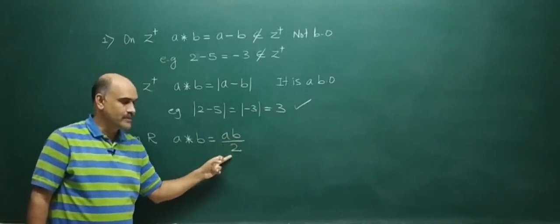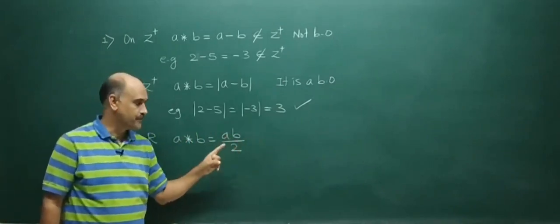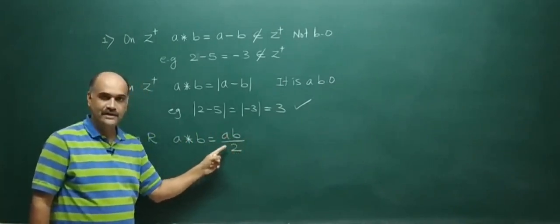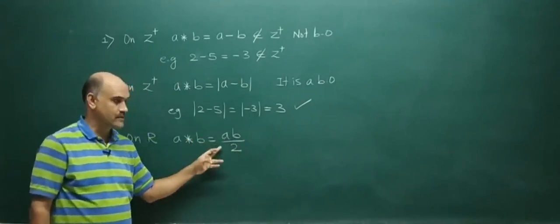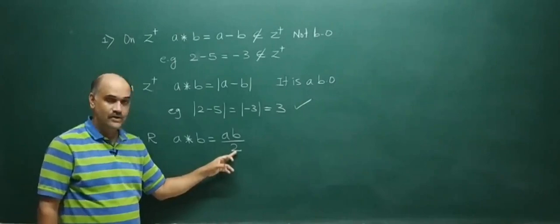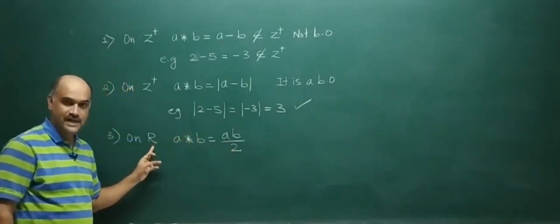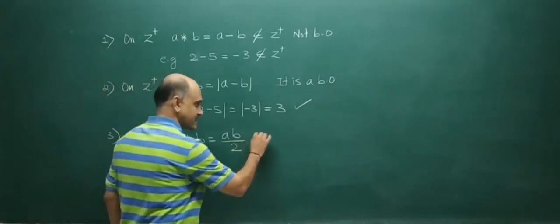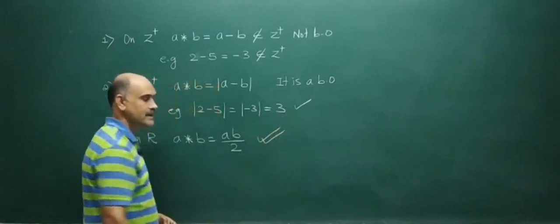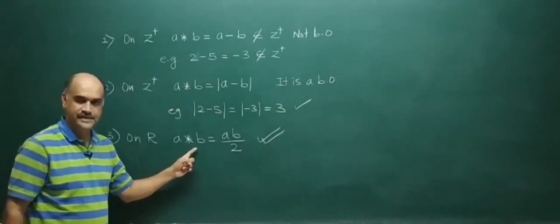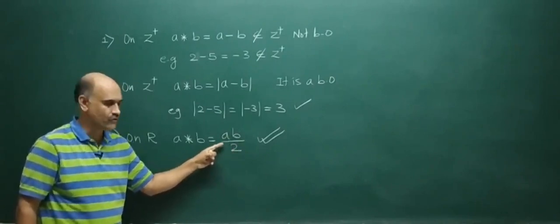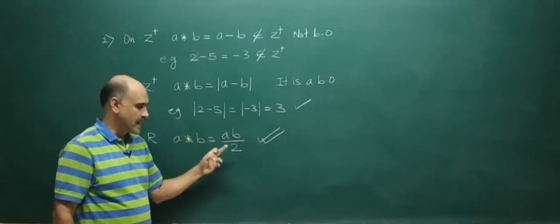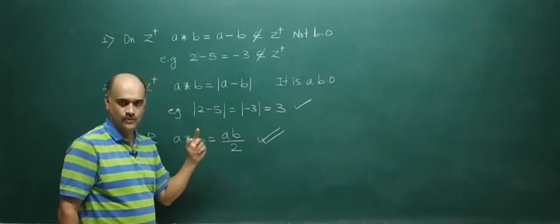When the denominator is 0. Here you are having 2, so the denominator will never be 0. If it is never equal to 0, it is always a real number. So, it is a binary operation, because the denominator will never be equal to 0 as the denominator is 2.